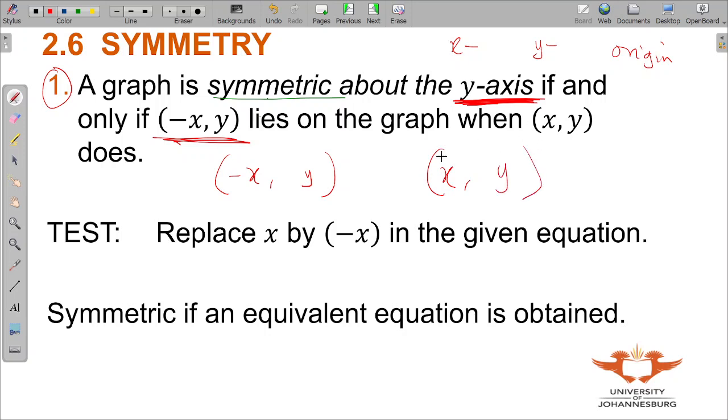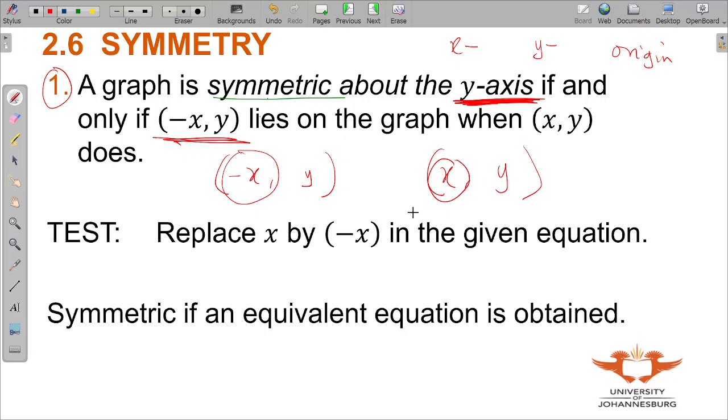So when we are testing for symmetry about the y-axis, we are changing x to negative x, and we want to see if this one lies on the same graph as this one.